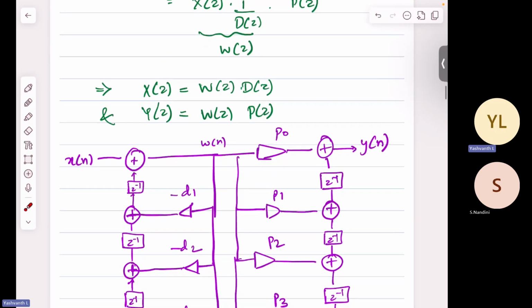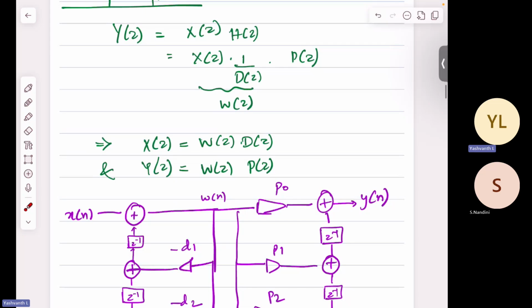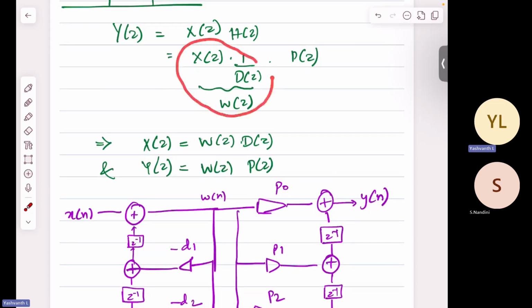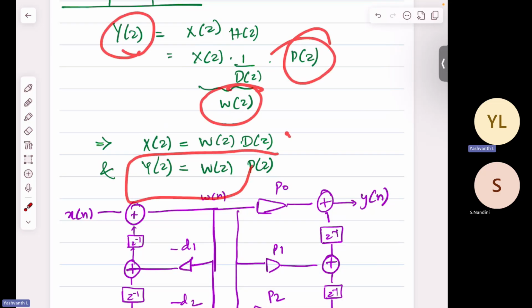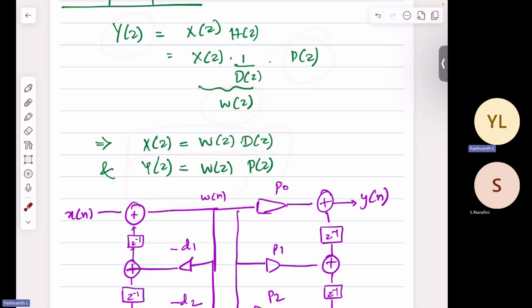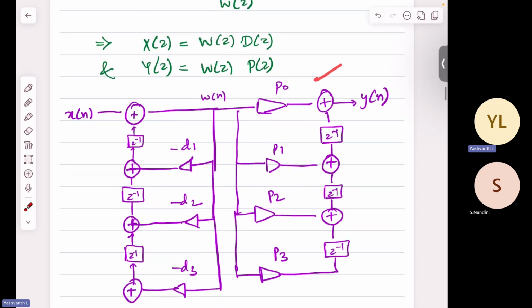So I now have two relations, namely x of z into 1 by d of z equals w of z, or in other words, x of z is equal to w of z into d of z. That is, take 1 by d of z to the right hand side. This is the first equation. The second equation is that y of z is equal to w of z into p of z. You implement these two equations separately, and then you get the output.